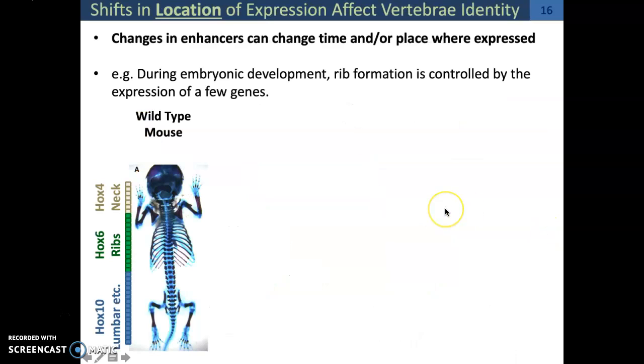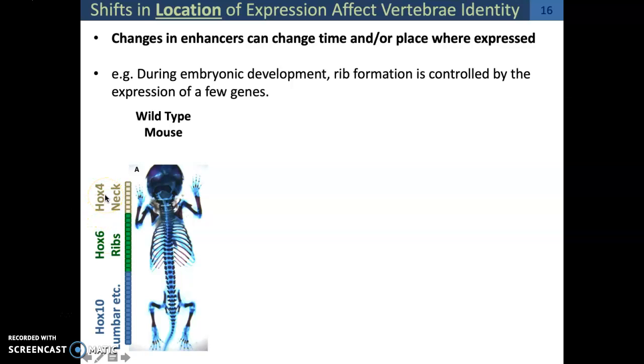Okay, here's another example, and this is another really cool real-life example where a mutation in an enhancer or a change can change the timing or the place where this thing is expressed. So this is our good example in embryonic development. The formation of ribs is controlled by the expression of really a few genes. So these genes are over here, and they're called Hox genes.